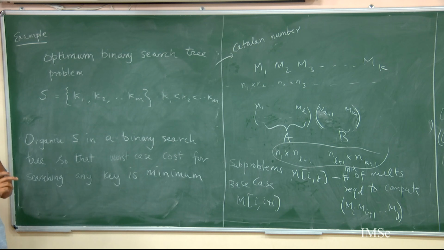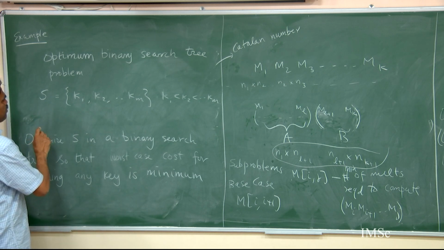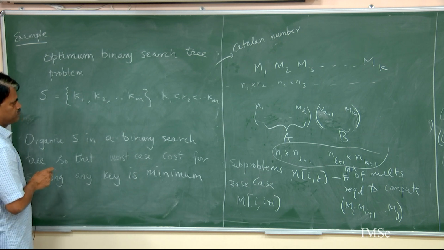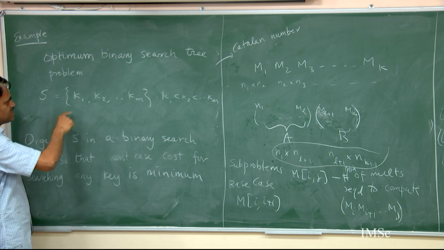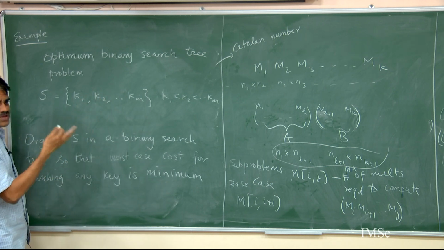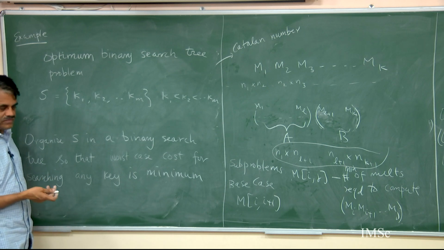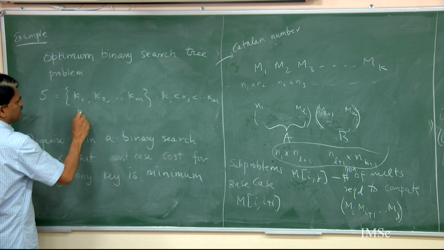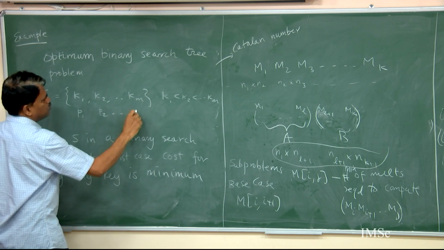Now, the twist of this problem is that I also give you some probabilities of searching for these keys. Imagine these are some English words or something, and not every word will be searched equally likely. So, I also have probabilities P1, P2 up to Pm.